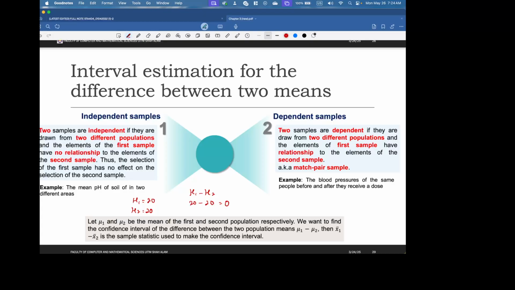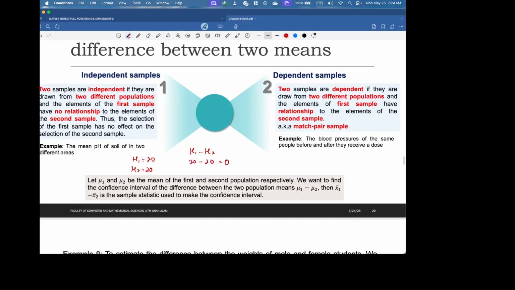Alright, so now we want to know whether 0 is within the interval. If 0 is within the interval, we say that mu1 is equal to mu2.